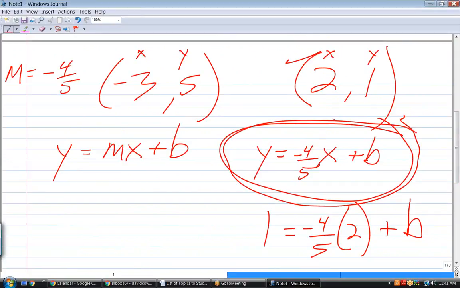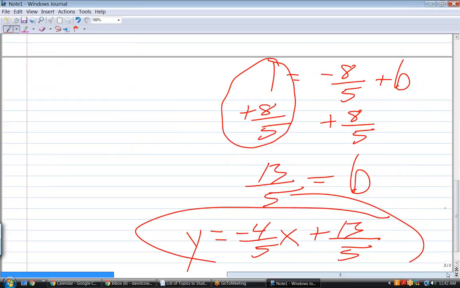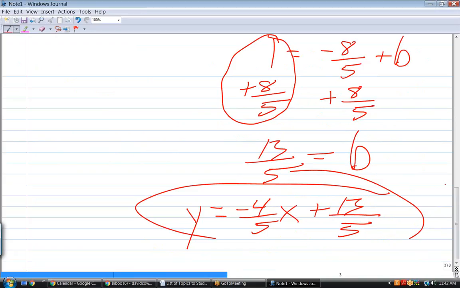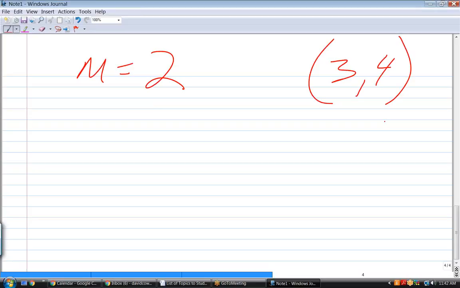We just showed that with one point and a slope, that's all I need to solve for b. So let me give you another problem. I have a slope of 2, and it goes through the point 3, 4. What's the equation of the line?